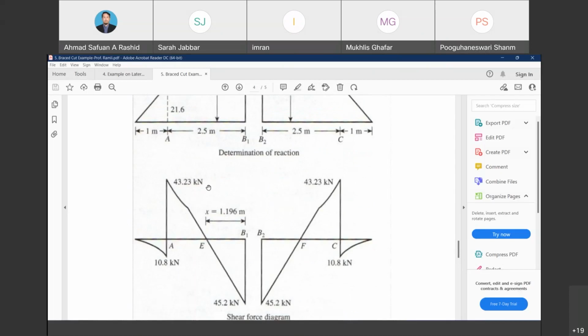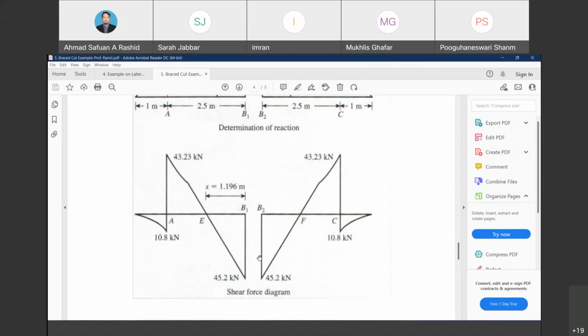So 42.23 over 2.5 minus 1 minus X equals 42.2 over X. From there we can get the X value.